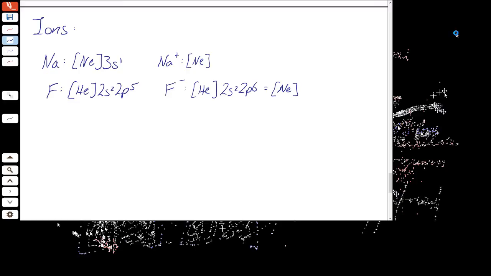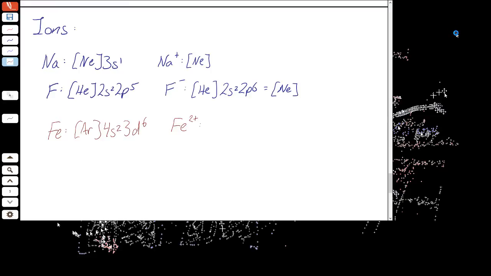The only thing that is a little different and is worth remembering with regard to forming ions here is when we have things like our transition metals. So if we go back to iron, we're going to write our electron configuration like this for our neutral atom. But if we then look at a couple different ions of iron, there are 2 common ions of iron, iron +2 and iron +3.